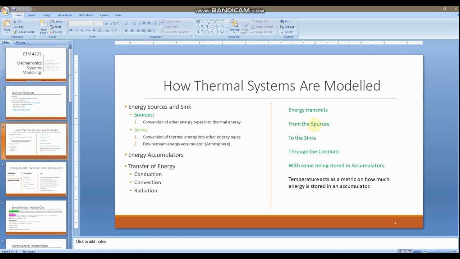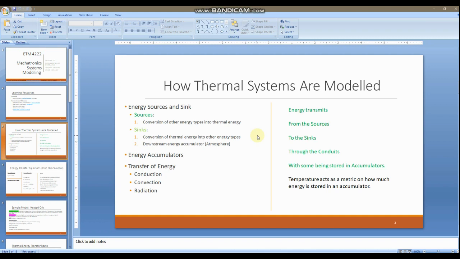Now, let me leave what sources and sinks are to be discussed later, and let's move on to discuss what accumulators are. Accumulators, by the definition of the word, are objects which store thermal energy.